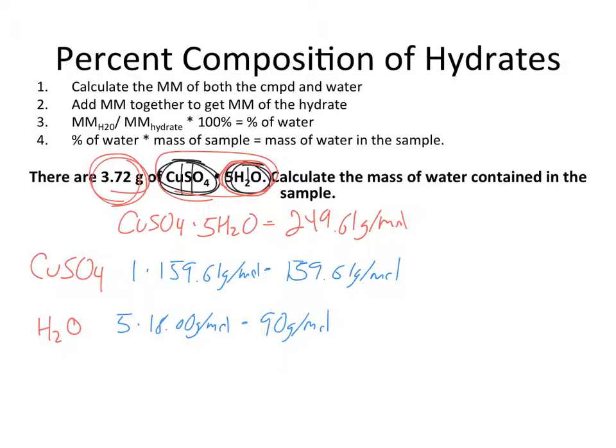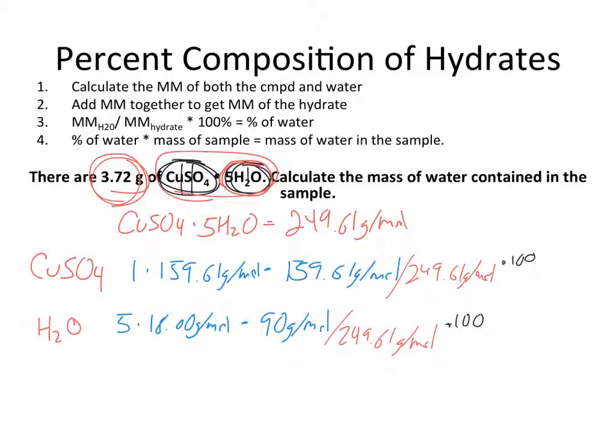So to figure out what the percent composition is, I take both of these values and divide each by the total: 249.61 grams per mole, and again 249.61 grams per mole. So my grams per mole will cancel out, and the last thing I need to do is multiply by 100, and I should get a decimal.